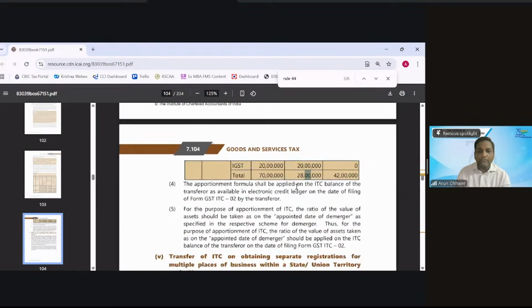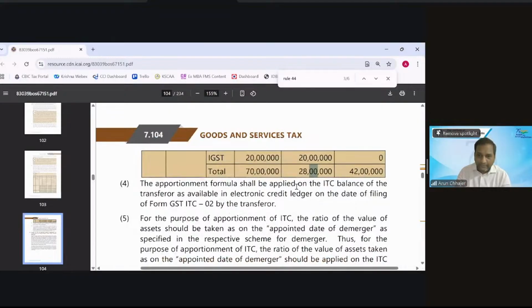The apportionment formula shall be applied on the ITC balance of the transferor as available on the date of the filing.